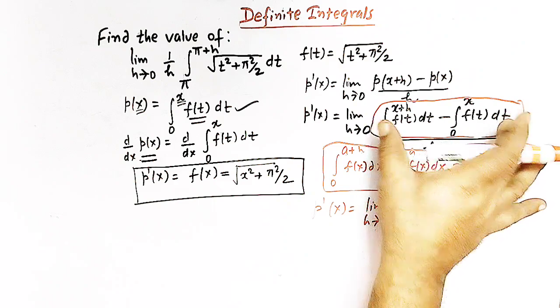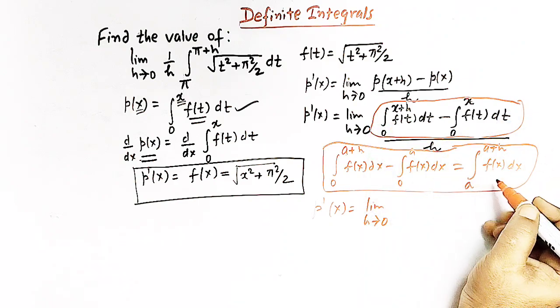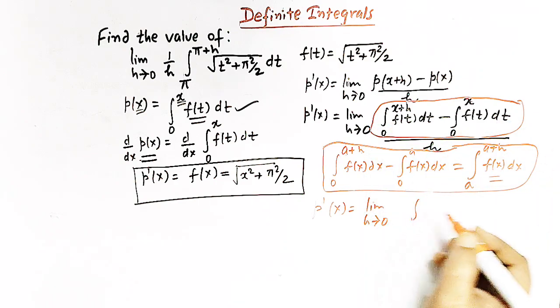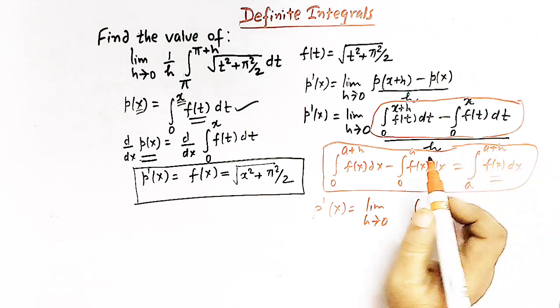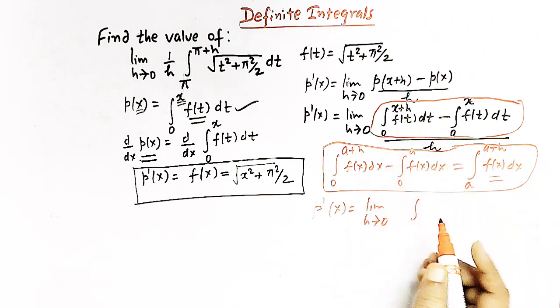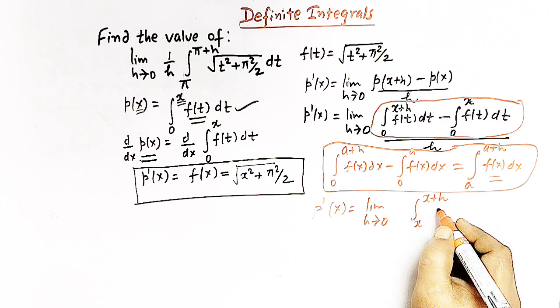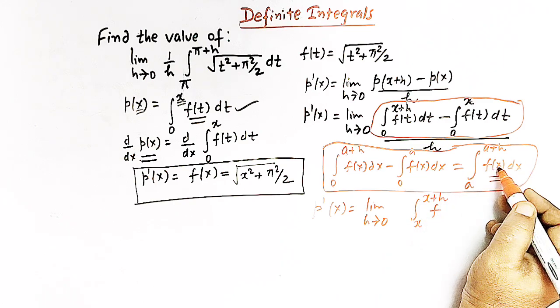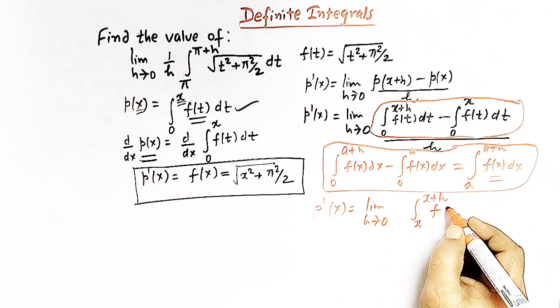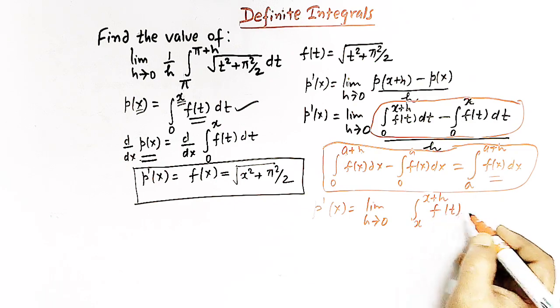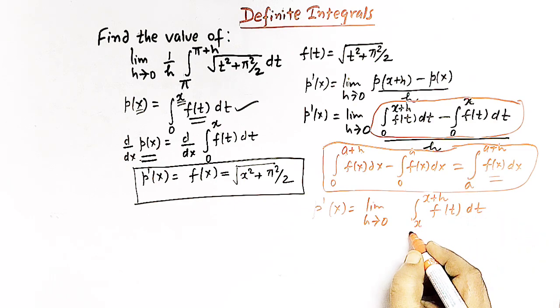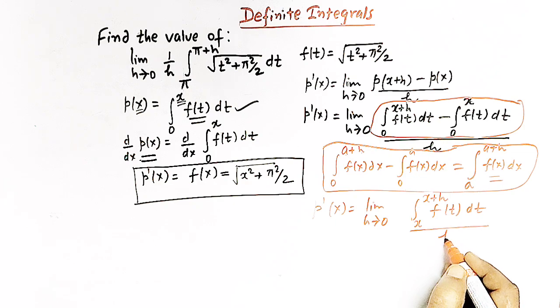This difference is now equal to the integral from a to a plus h. For a we have x, so here we have x and here we have x plus h, and for the variable x we have here t. So we can now write f of t dt, and in the denominator we have h.